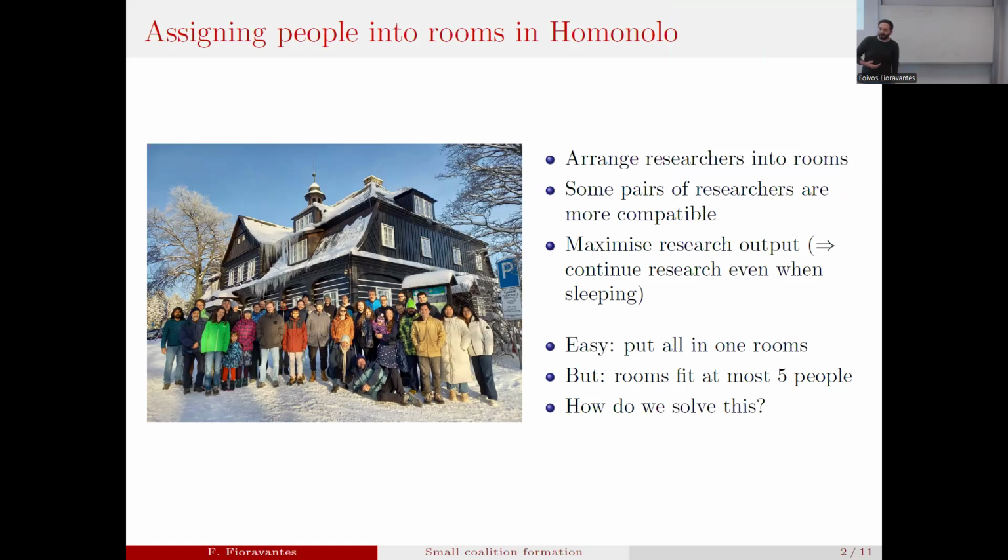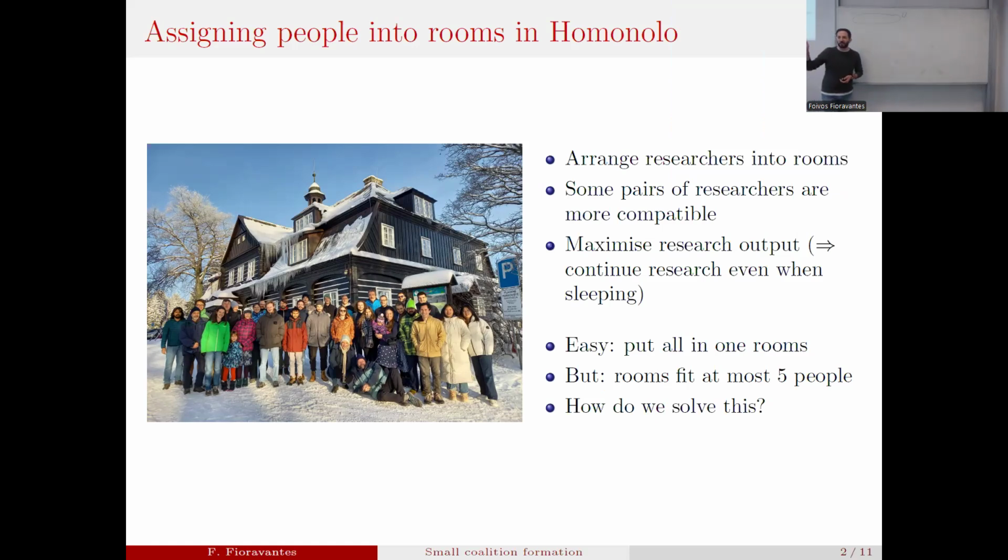Well, the problem is the rooms are kind of small. At most 5 people, at least in my experience. So that's the question. How do we split these nice people into groups of 5, while maximizing the potential research output, which will happen during sleeping?